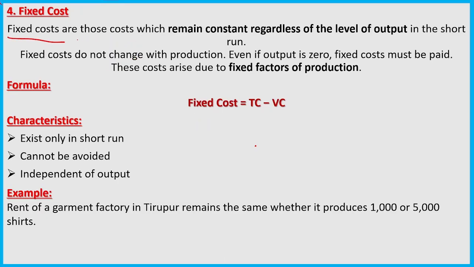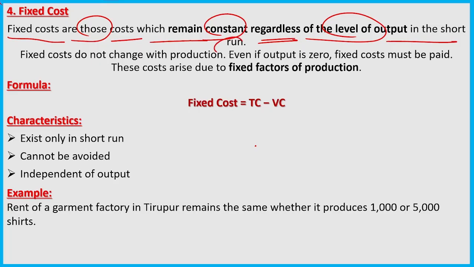Fixed costs are those costs which remain constant regardless of the level of output in the short run, which means whether the production is zero, whether you are producing one pen, two pen, three pen, four pen, five pen. Say, for example, your company is making pens.